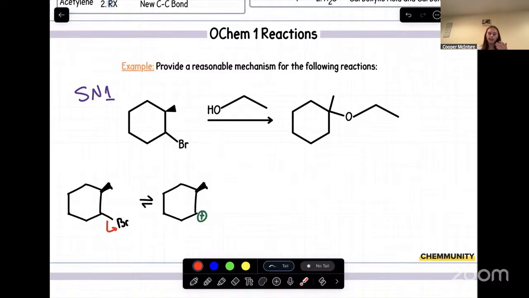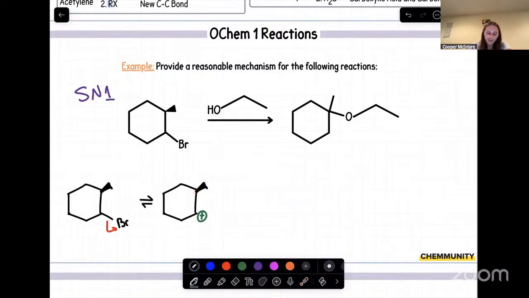So the next thing we have to do, and this is the biggest tip, whether you're taking OChem 1, OChem 2, whatever it may be, whenever you form a secondary carbocation, always look for a better one. So since we have a secondary carbocation, let's look over here. We still have a secondary position, but if we move up north a little bit to this carbon, we actually have a tertiary position.